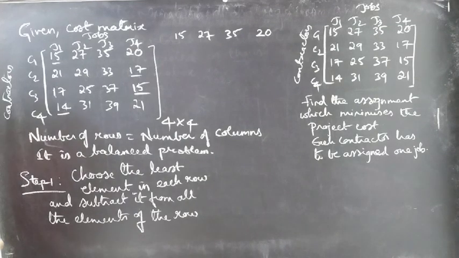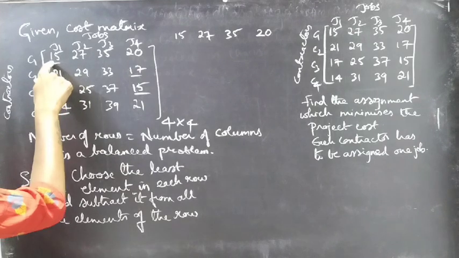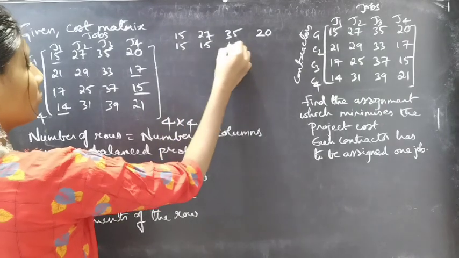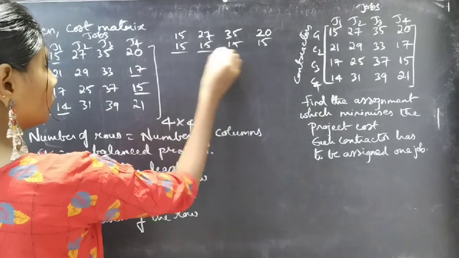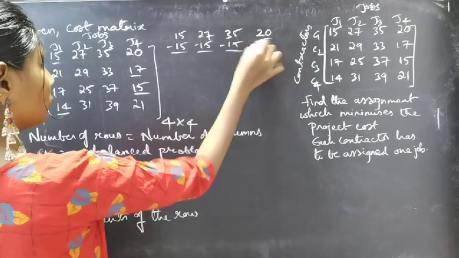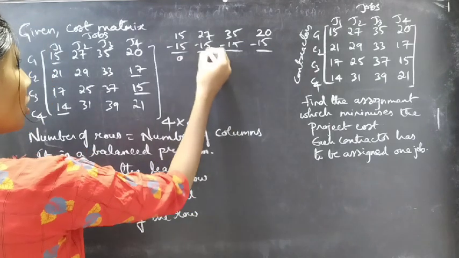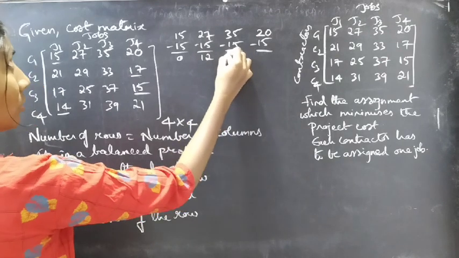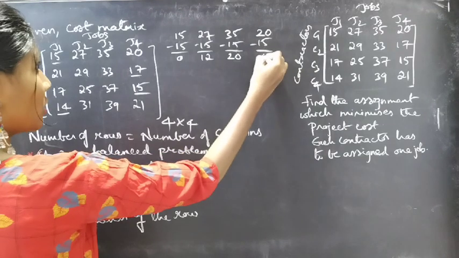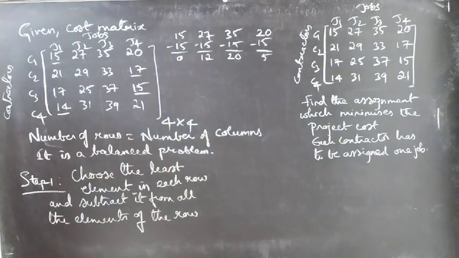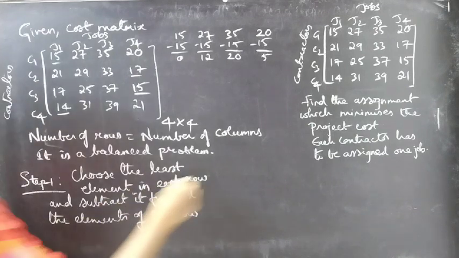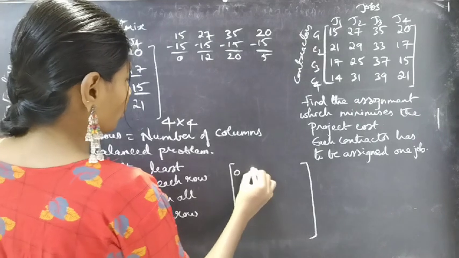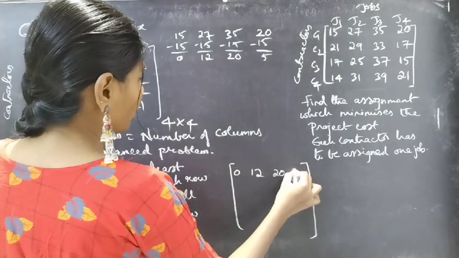We need to subtract this least element 15 from all these elements. 15 minus 15 is 0, 27 minus 15 is 12, 35 minus 15 is 20, 20 minus 15 is 5. So we'll get 0, 12, 20, 5 in the first row.